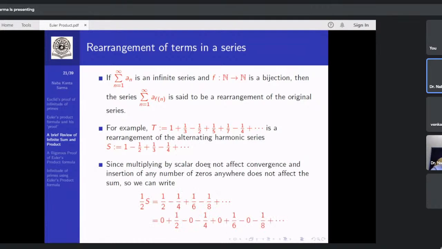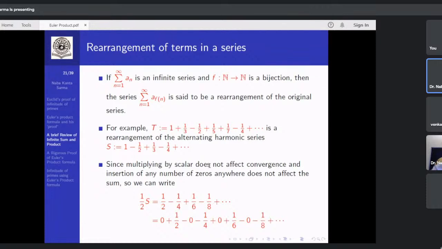So what we have just seen is that grouping of a convergent series does not affect the sum. If the series is convergent, you can group it in any manner, it will not affect the sum. Now we are going to see that this is not the case for rearrangement. Even if a series is convergent, still you cannot rearrange the terms without affecting its sum. Once you rearrange, its sum may be affected.